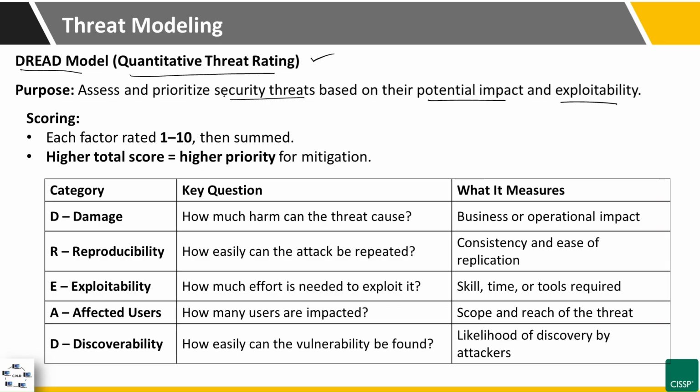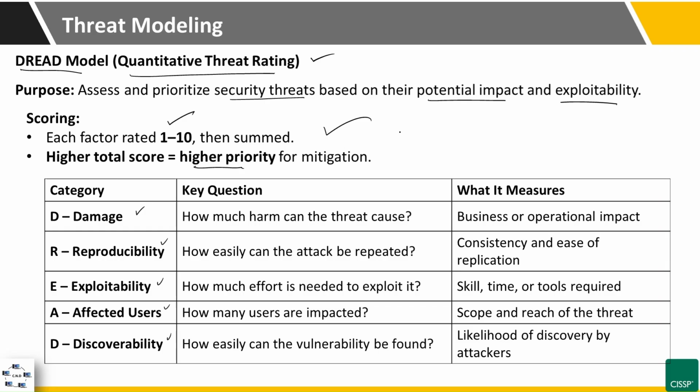As we said, it is quantitative threat modeling, so we give a score from 1 to 10 to each of these categories for each of these threats. Then we aggregate them and we get a number. The threat that has the highest number then gets the higher priority for mitigation.